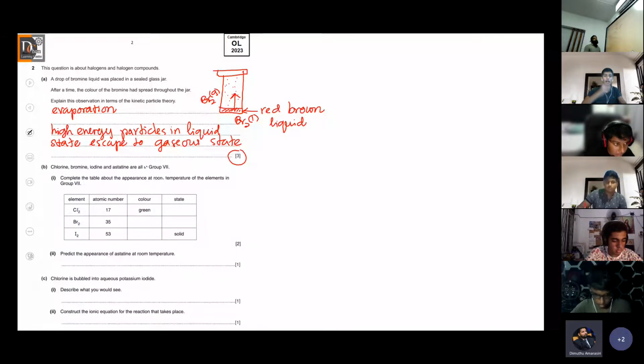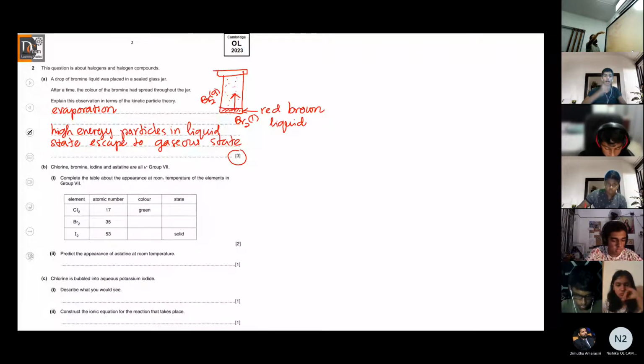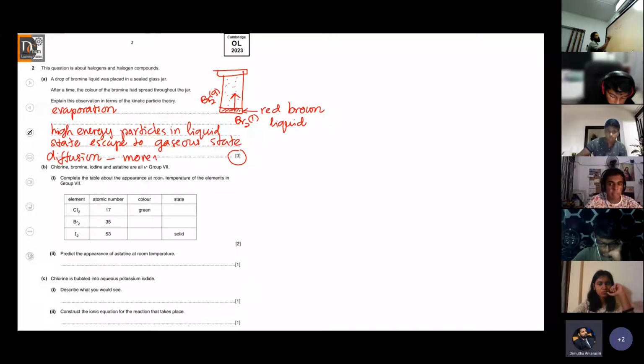Then once the evaporation has happened, in order to have the color spread, the process called diffusion should happen. So secondly, it's diffusion. Diffusion is the movement of particles from high concentration area to low concentration.